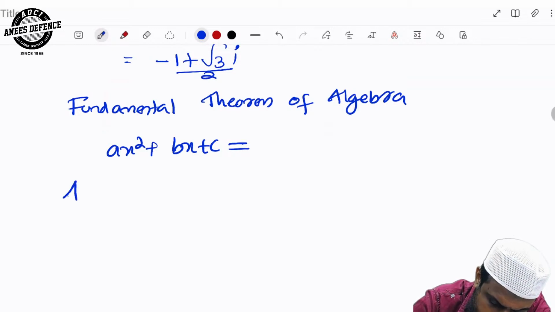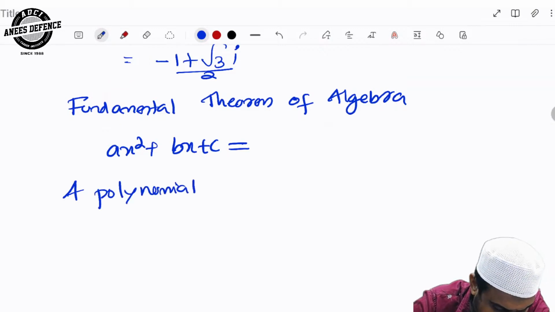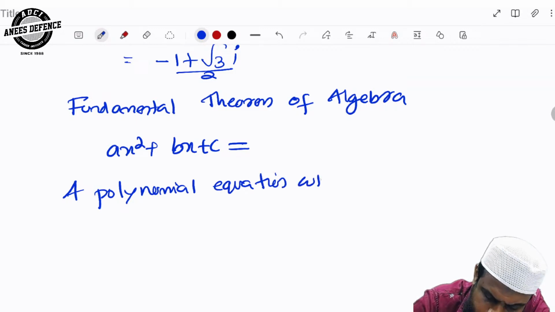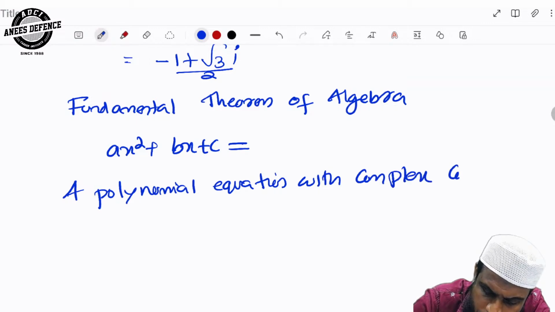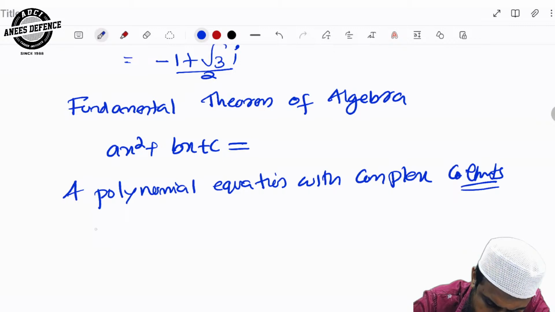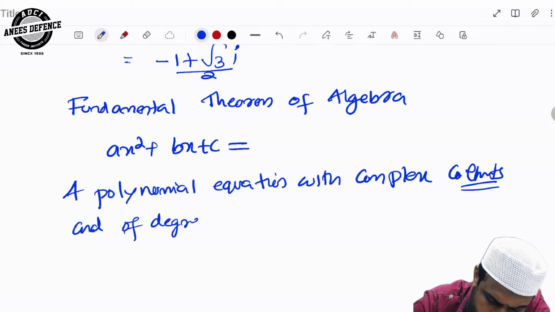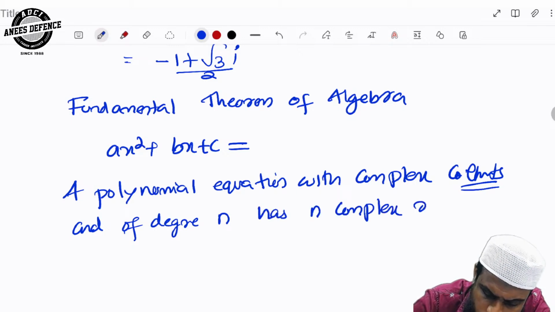A polynomial equation with complex coefficients and of degree n has n complex roots.